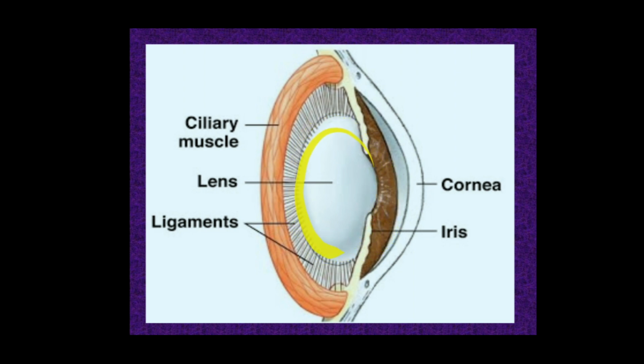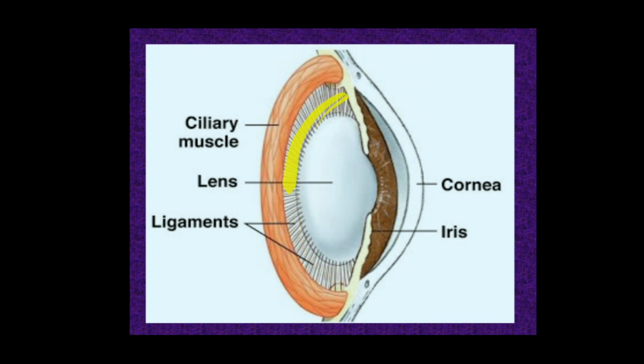So this is our lens. That lens is held in position with the help of two structures called the ciliary muscle as well as the ligaments. The lens is a crystalline structure which alters its curvature and is elastic in nature.